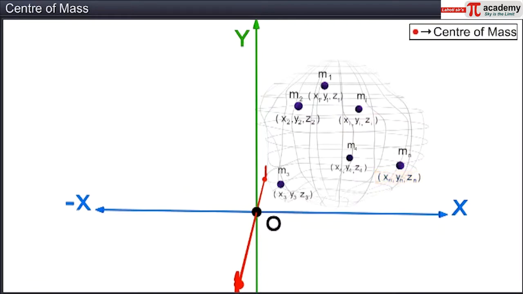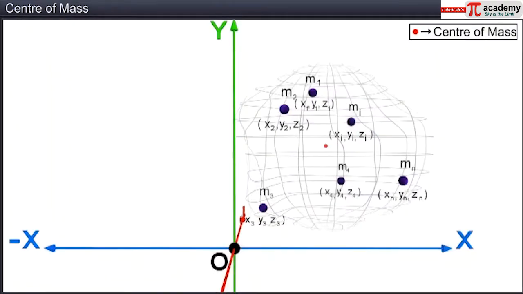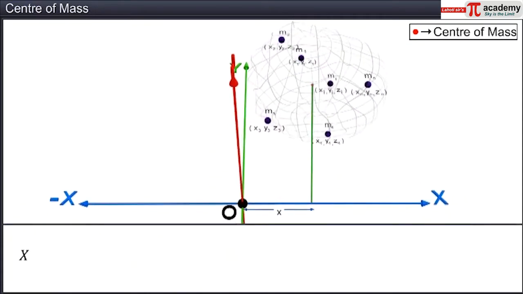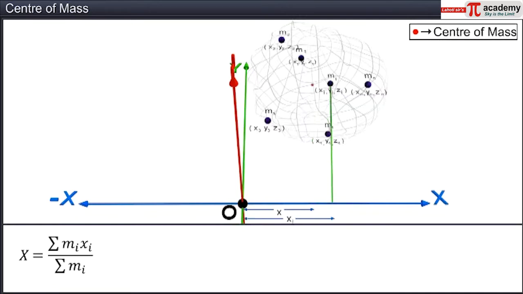The center of mass of a given system of n particles is a point in space. If the center of mass C is represented by the coordinates x, y and z, then x is equal to sigma mi xi by sigma mi, which is equal to sigma mi xi by m.